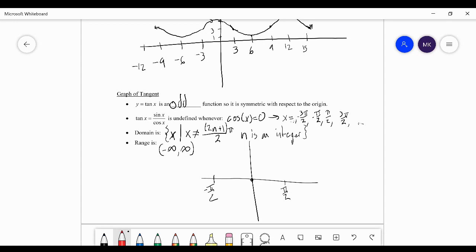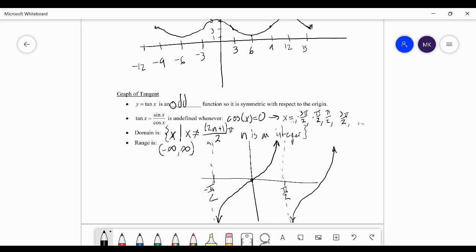Use red because it's nice, colorful. So this is what tangent looks like, right? And what's crazy here is that if we were to continue drawing this over here, it would look like that, and over here, it would look the same.